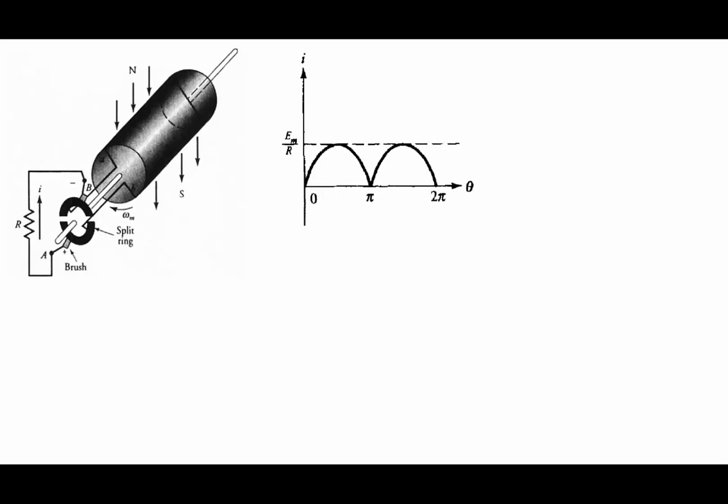Now we can see after the commutator segments are placed. When the two ends of the coil are connected to two commutator segments, this commutator is insulated at these two points, so they are not actually connected together.